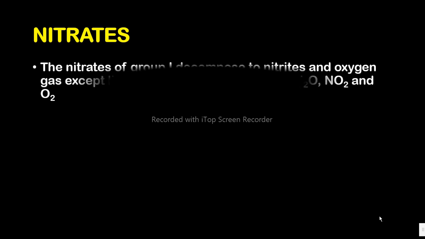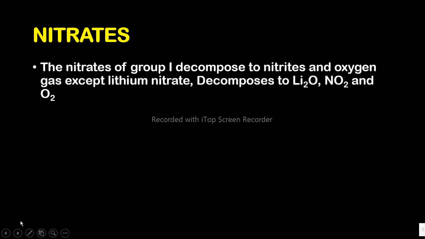Okay? Good. So let's talk about the nitrates. The nitrates of group 1 decompose to nitrites and oxygen, except for lithium, which decomposes to an oxide, nitrogen dioxide, and oxygen gas. So you can write an equation.